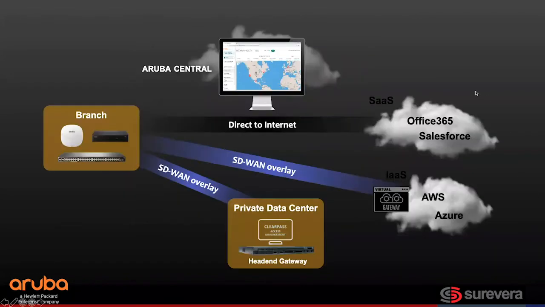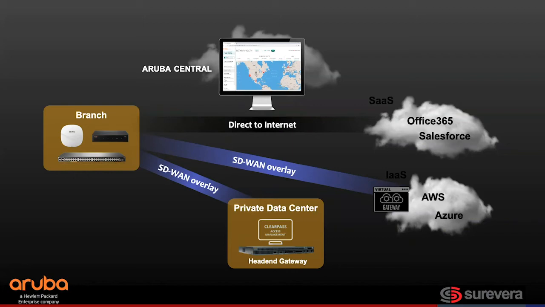So this is one of the things that we were just talking about, where we have traffic coming from a branch and we need it to go to internal networks. We'll go across the SD-WAN overlay and come into the data center, where we have the VPNC. Say we're going to AWS, Azure, or Google Cloud. We can do an SD-WAN over there and hit a virtual gateway that's running over there.